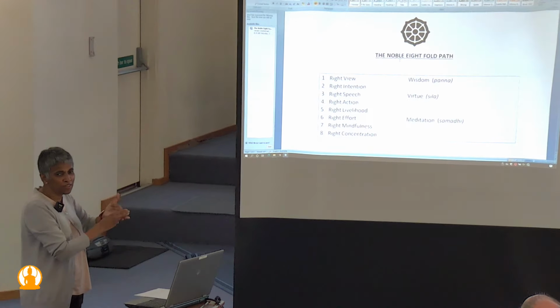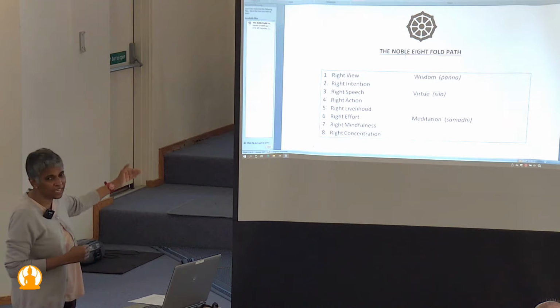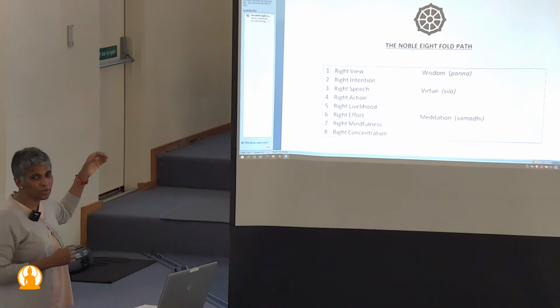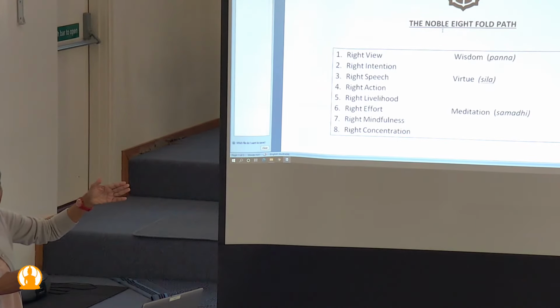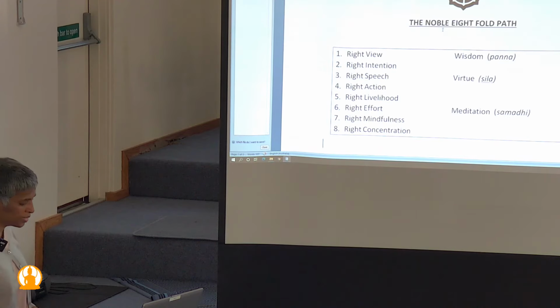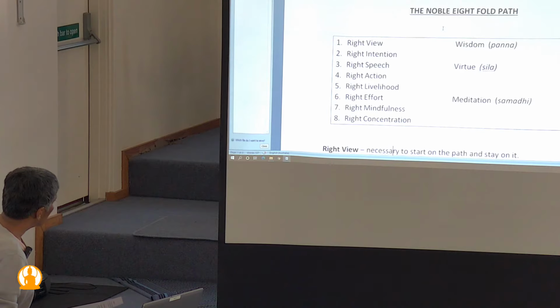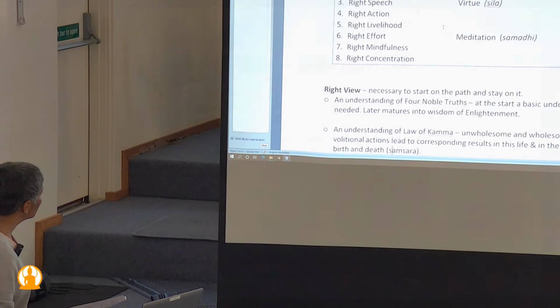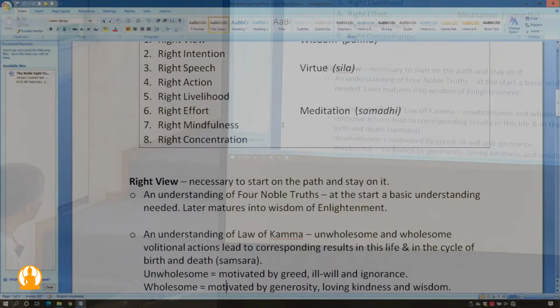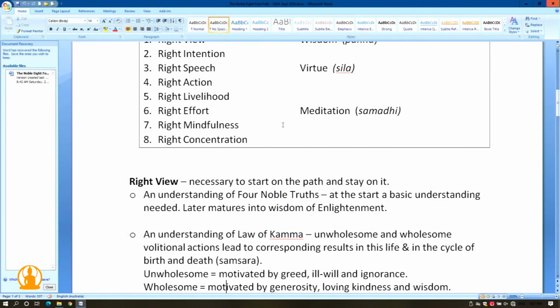So that is the direction that we are taking in this, wholesomeness which leads to liberation as the ultimate goal. So let's start from the first path factor that the Buddha described.